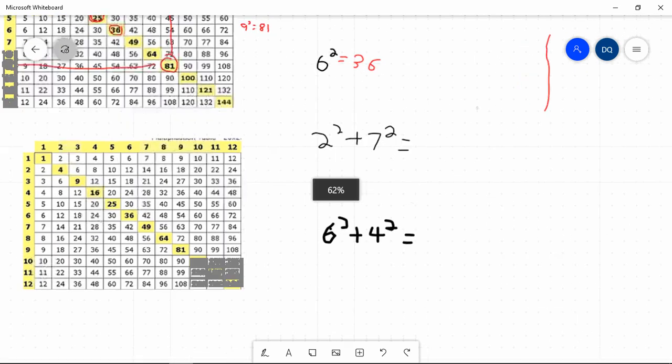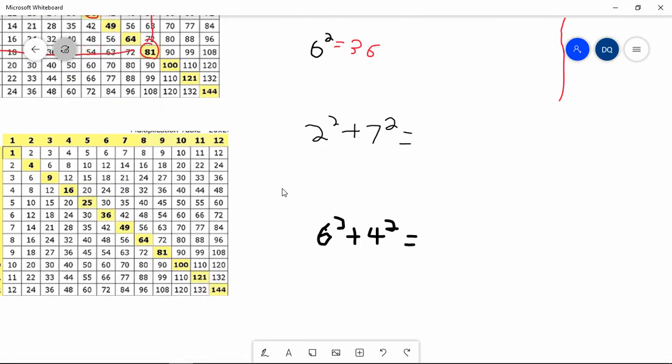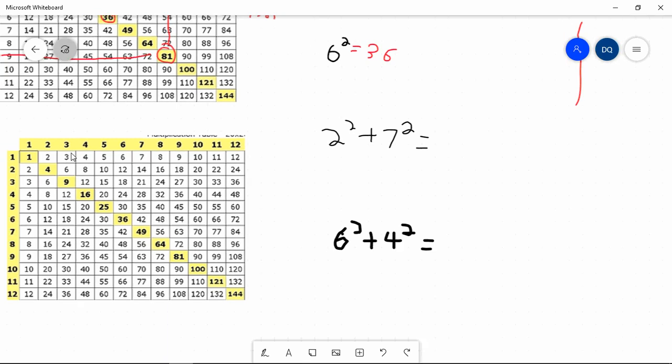So for example, here I've got 2 squared plus 7 squared. 2 squared, 2 times 2 is 4. And 7 squared, 7 times 7 is 49. So what that means is that 2 squared plus 7 squared is the same as 4 plus 49, which is 53.